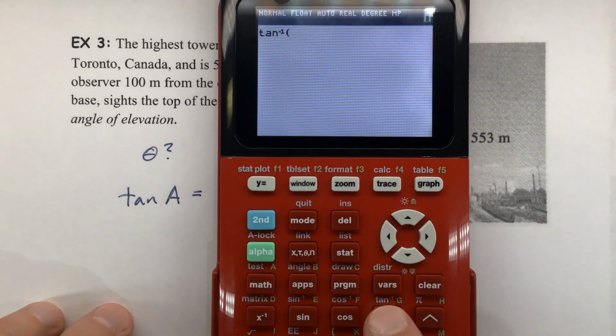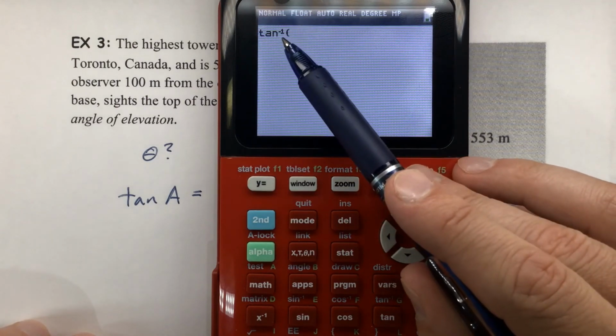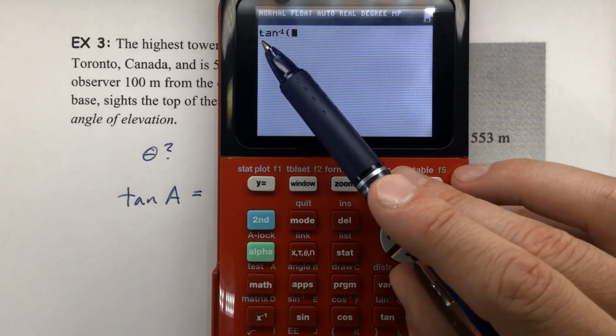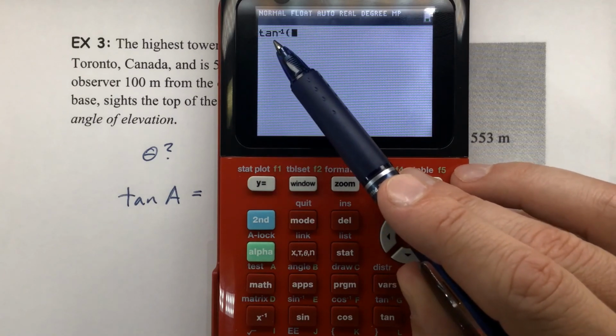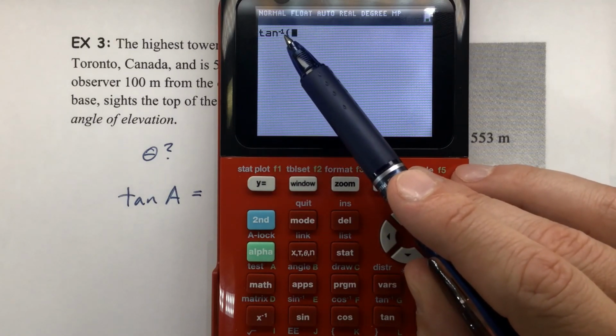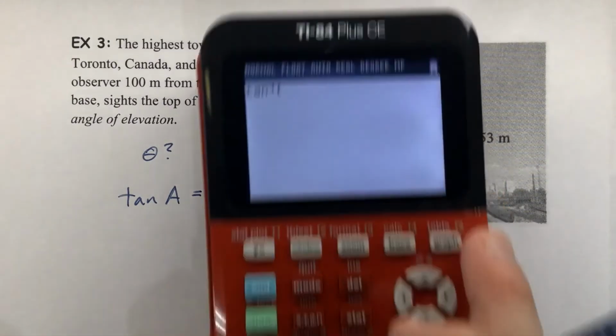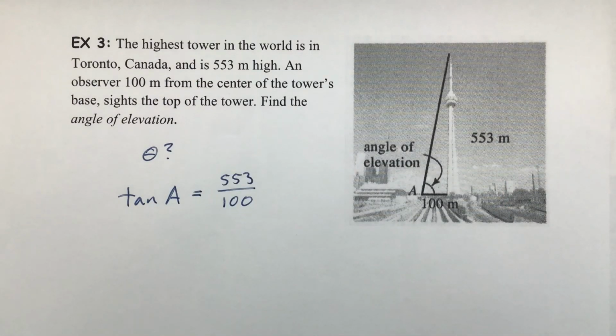And if I type tangent, I'm going to get that. It may be different depending on the calculator you're using, but you're looking for the trig functions with a -1 next to it. That means the inverse function. If I press second sine, second cosine, I get the inverses for those as well.